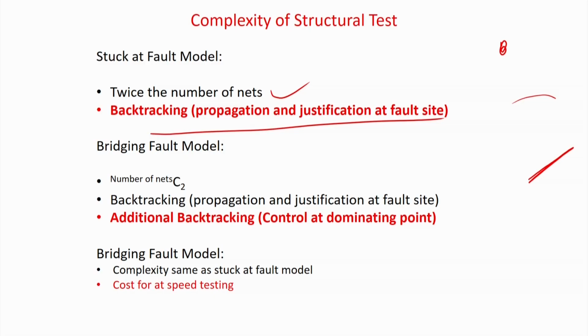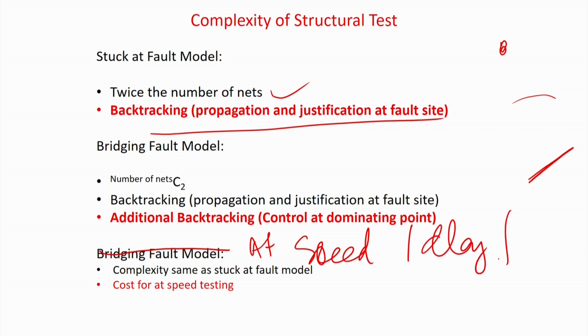Also we have seen, sorry, this is about the at-speed test model, so pardon, it is about the delay fault. In fact the delay fault is very similar to the Stuck-at fault in complexity, because in one line you just have to find out whether it rises properly or falls properly.